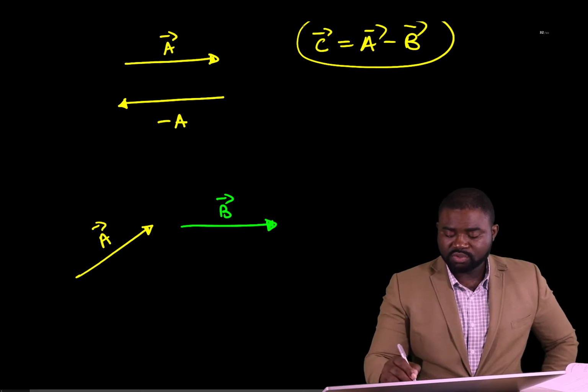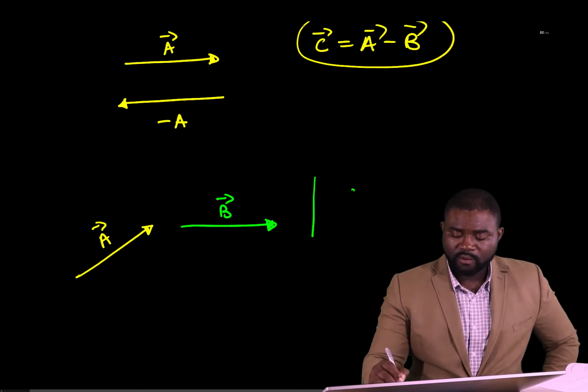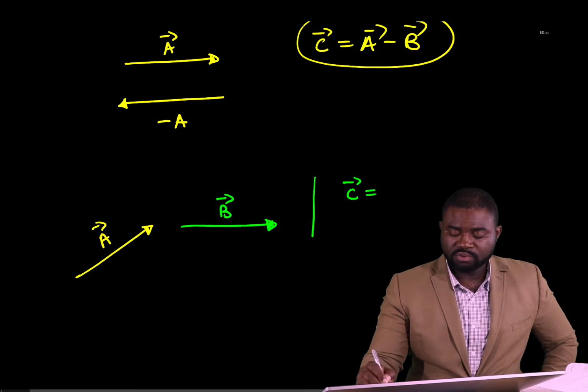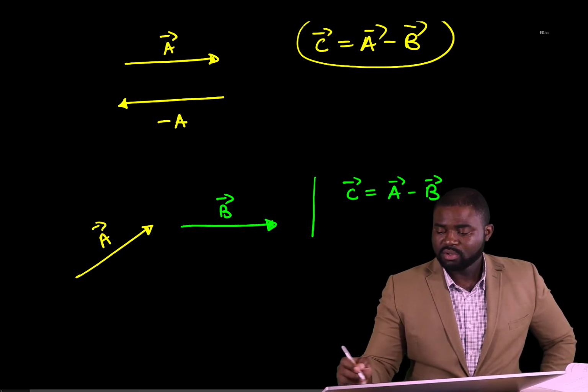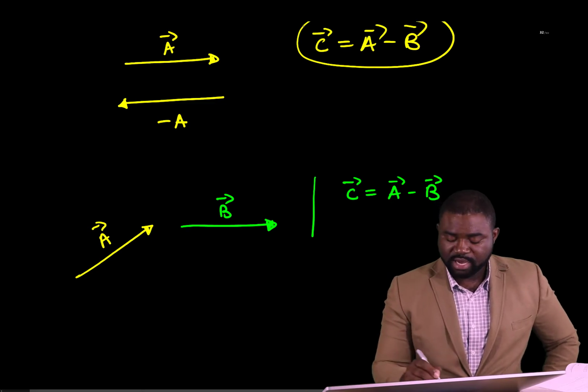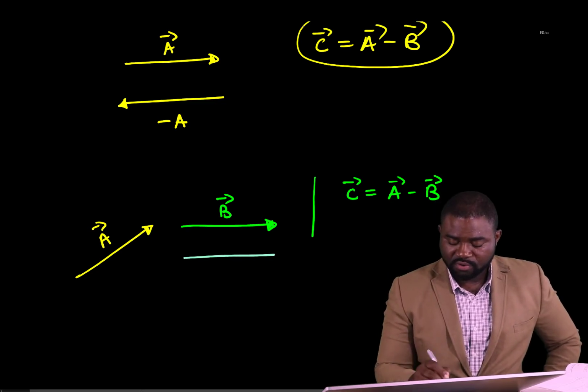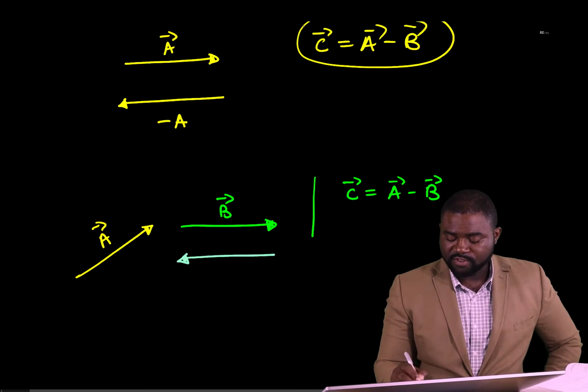And you have been asked to calculate a vector C which is equal to A minus B. So keep in mind that minus B is a vector of the same magnitude as B but oppositely directed.